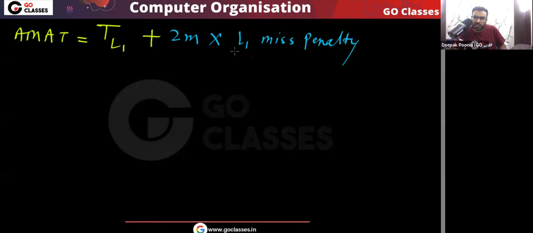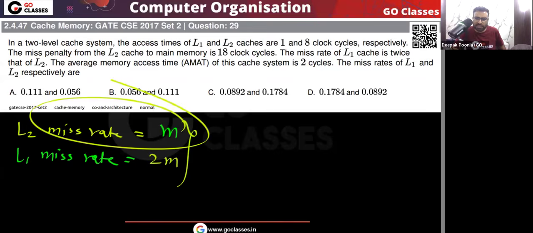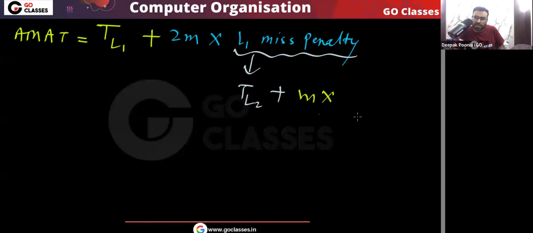Now what is this L1 miss penalty? This L1 miss penalty is simply the L2 access time plus the miss rate of L2. What is the miss rate of L2? It is basically m, multiplied by the L2 miss penalty. Now in this question, the L2 miss penalty is already given to us.